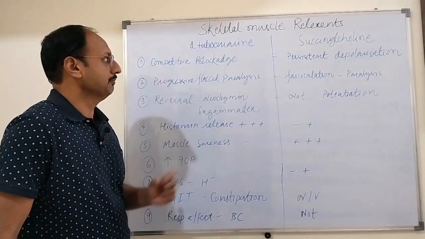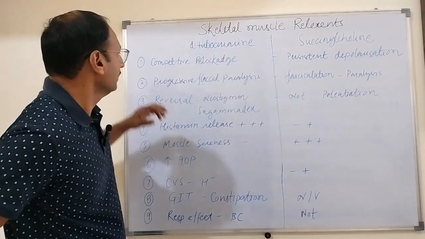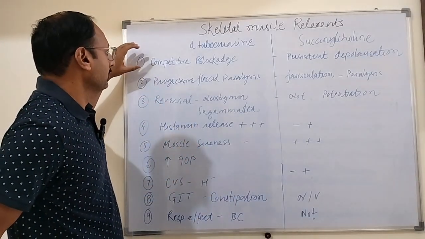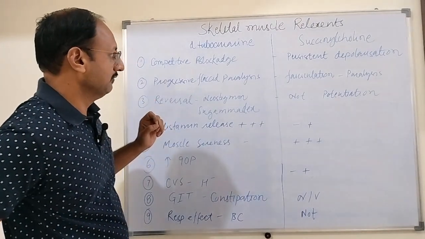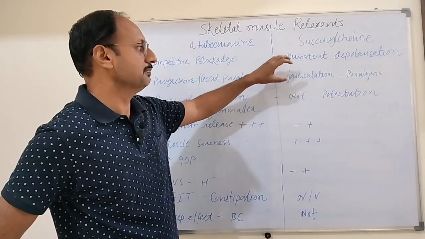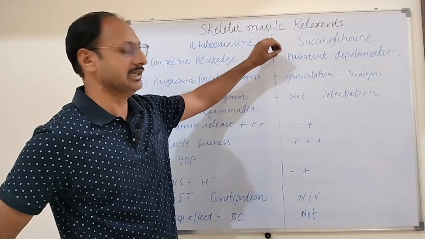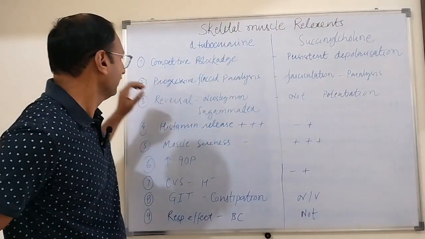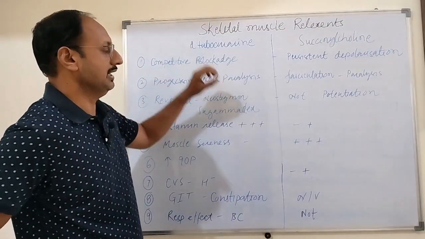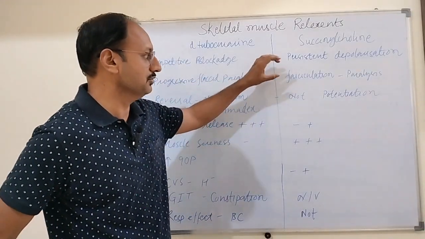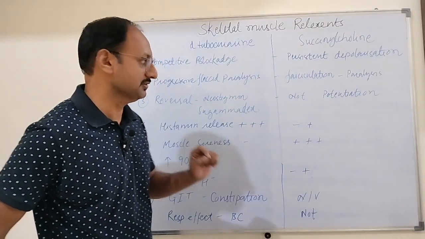Now, what are the differences between d-tubocurarine and succinylcholine? Number one, d-tubocurarine produces competitive blockade of NM receptors, whereas succinylcholine produces persistent depolarization followed by skeletal muscle relaxation. Number two, d-tubocurarine produces progressive flaccid paralysis, whereas succinylcholine produces initial fasciculation followed by skeletal muscle paralysis.